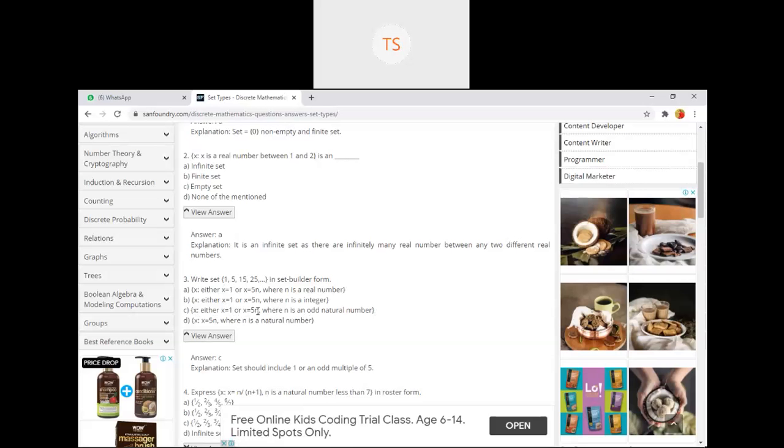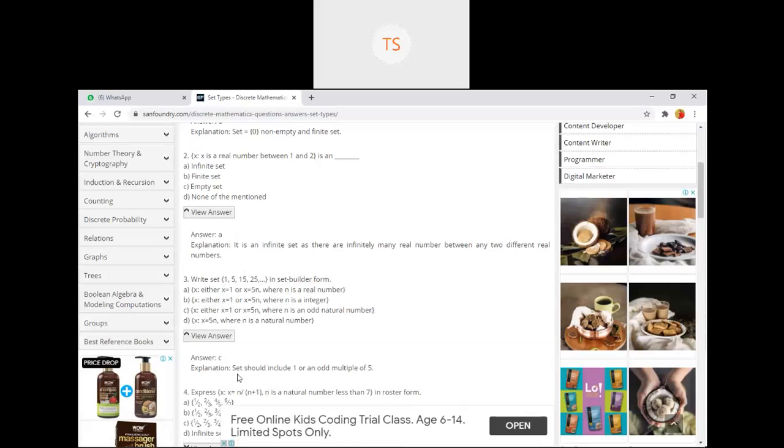Or x equals 5n: if n is 1, I get 5 into 1, so 5. If n is 3, I get 5 into 3, 15, because n is an odd natural number. If I get 5 into 5, I get 25. So the correct option is option C.